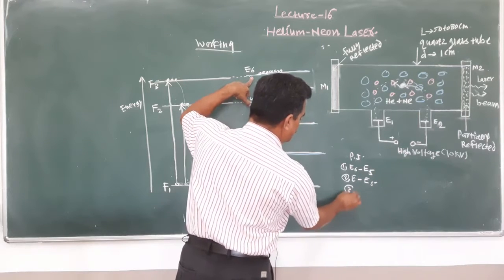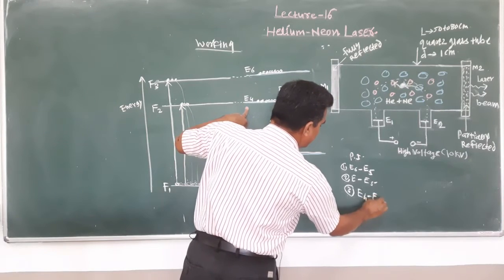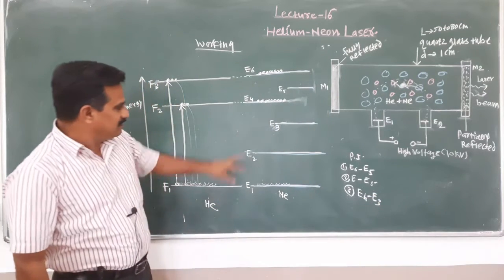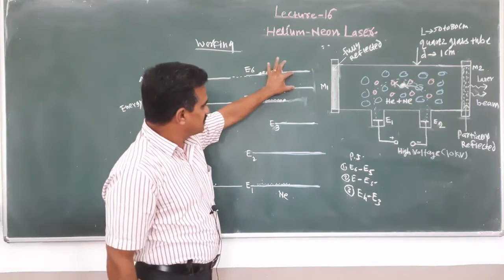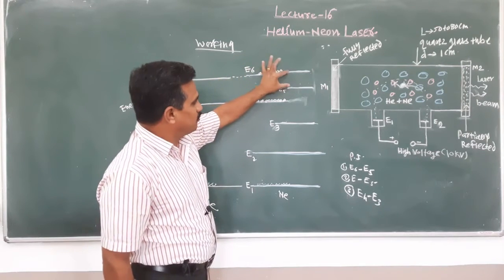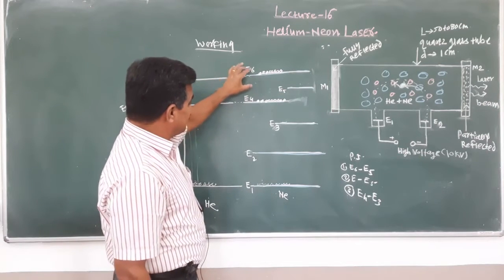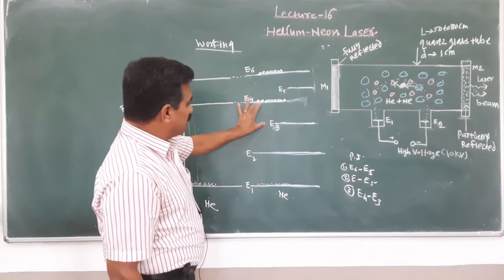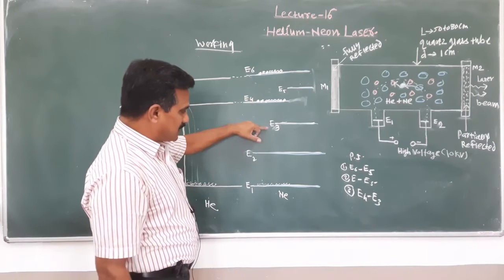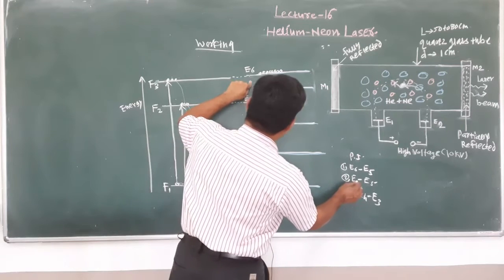And population inversion occurs between E4 and E3. The reason is that when we consider E6 and E5, the number of atoms in E6 is more as compared to E5, so population inversion occurs between these two states. When we consider E4 and E3, the number of atoms in E4 is more as compared to E3, so population inversion occurs.